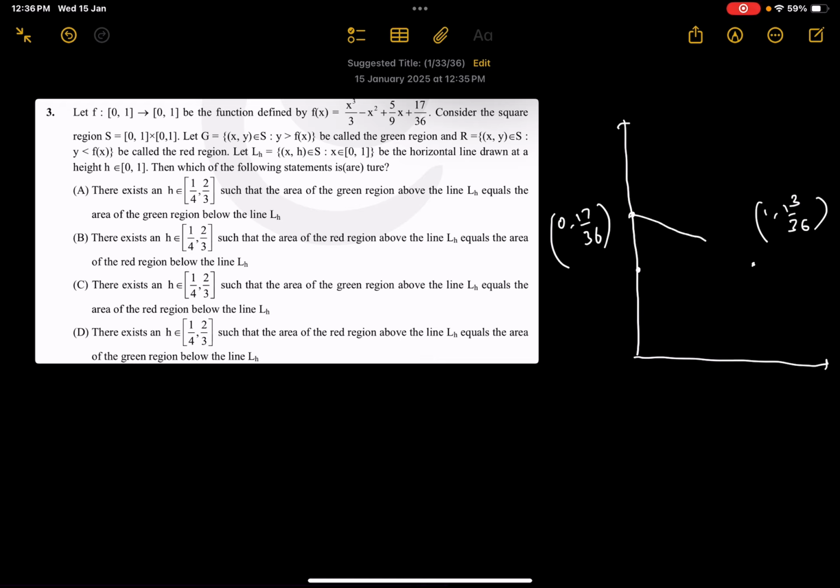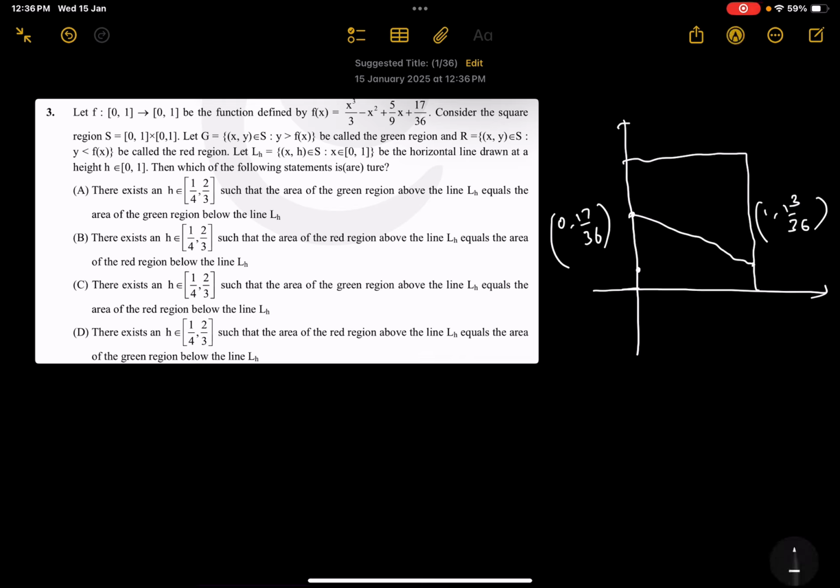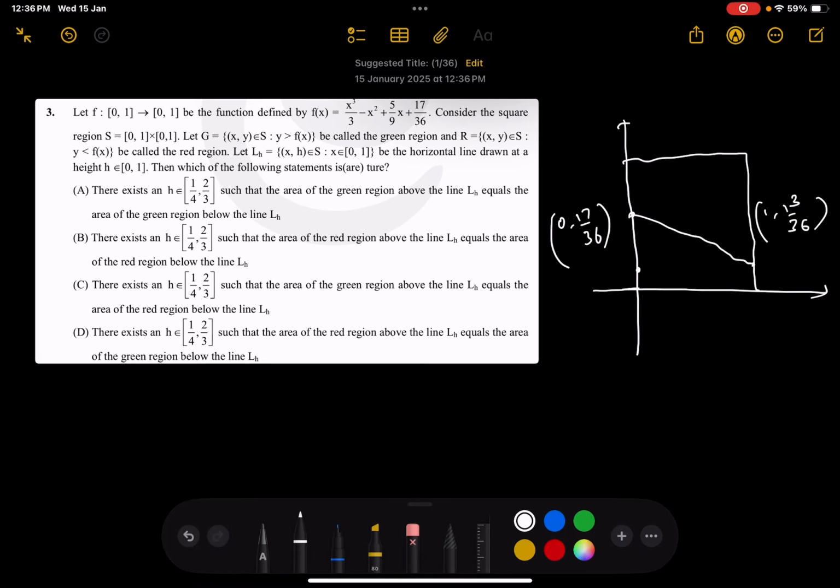Okay, so consider the square 0 comma 1 to 0 comma 1. It's something like this, and this is our square. The region above the curve, which is y greater than f(x), is the green region. So let's say this is the green region. Area below the curve is the red region.